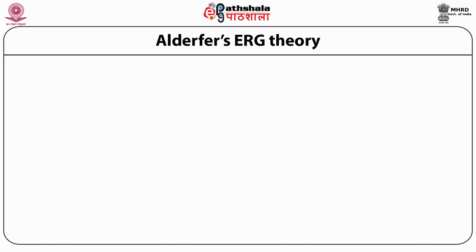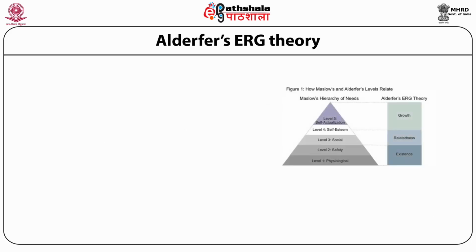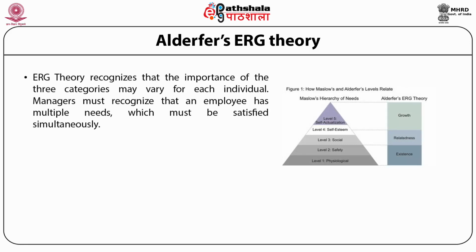As shown in the figure, Alderfer has recategorized Maslow's need hierarchy into existence, relatedness, and growth needs. He has broken the esteem needs into the internal and external esteem needs. According to Alderfer, the importance of the three categories of needs may vary for each individual.